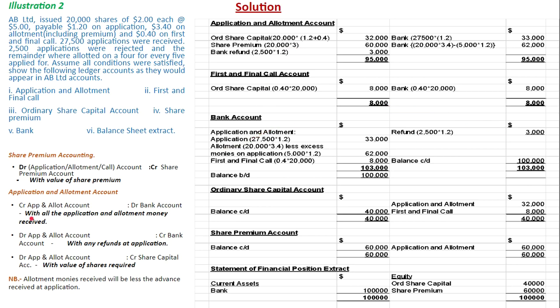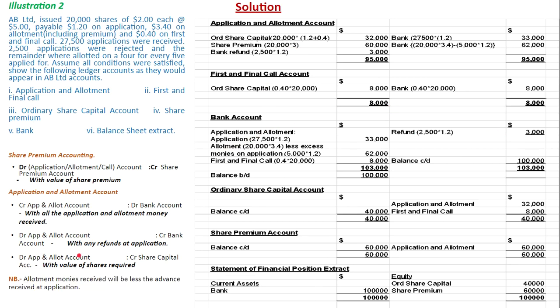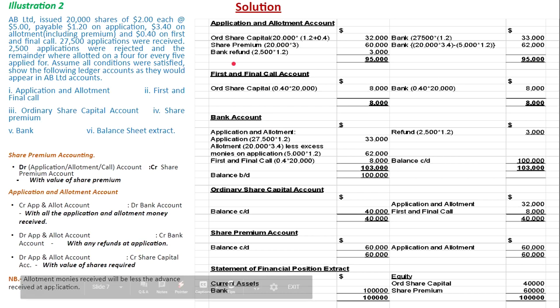Next, accounting note, debit application and allotment account with value of shares required and credit share capital account. So on the debit side of the application and allotment account, we have our narration here, ordinary share capital, 20,000 multiplied by $1.20 plus 0.4, which is $1.20 required on application plus the 40 cents here.